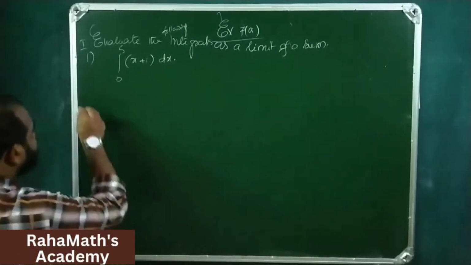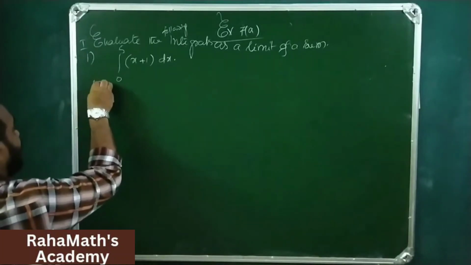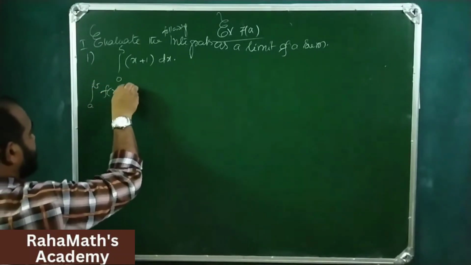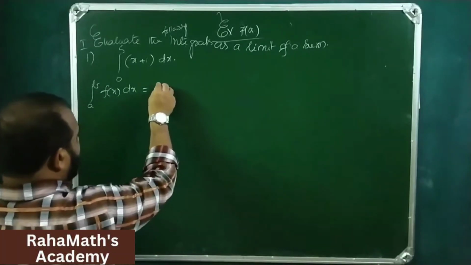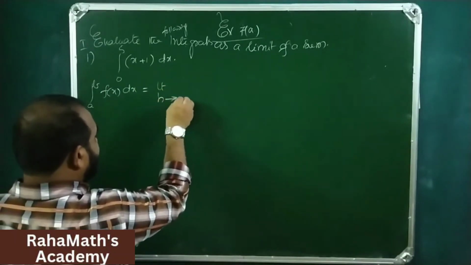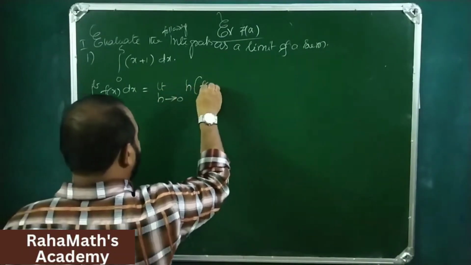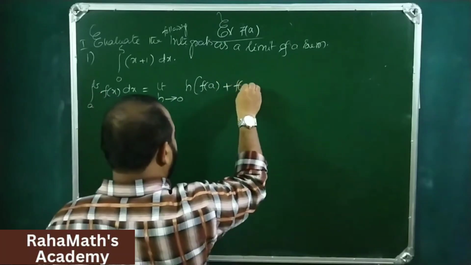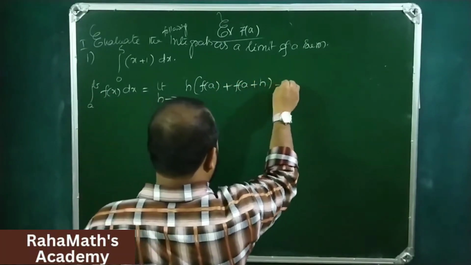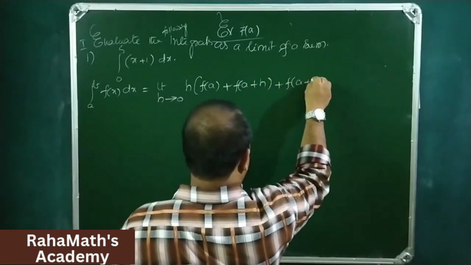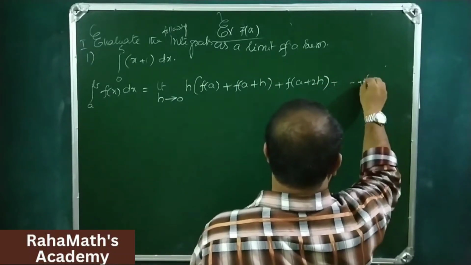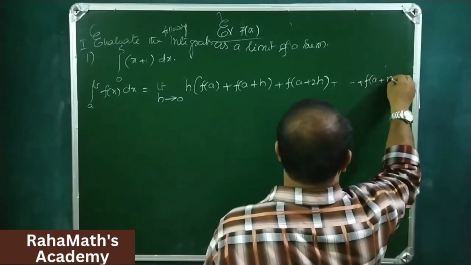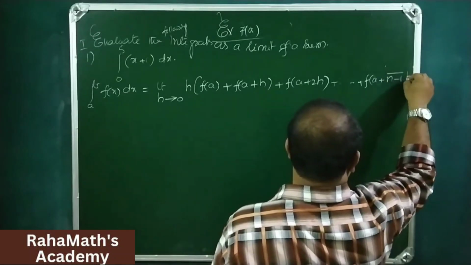So the formula is integral a to b f of x dx is equal to limit h tends to 0 of h into f of a plus f of a plus h plus f of a plus 2h plus etc. plus f of a plus n minus 1 h.